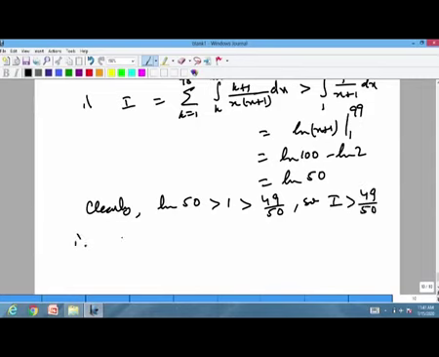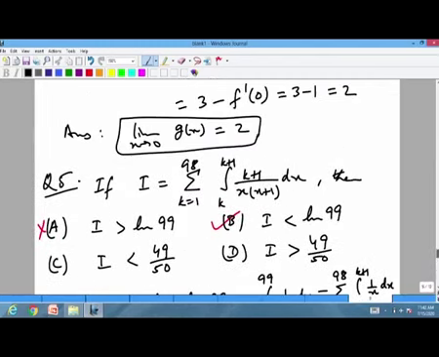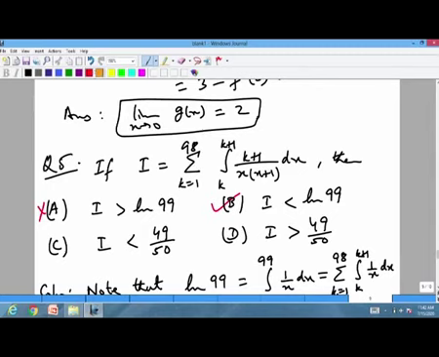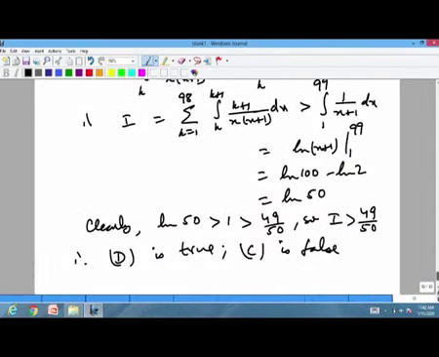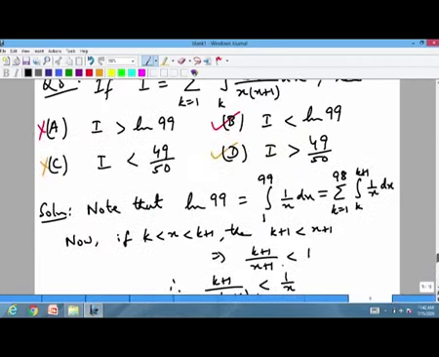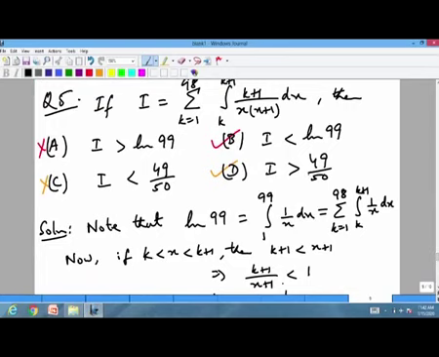So, therefore, D is correct and C is false. So, we get D is right and this C is wrong. So, in fact, if you see, we have proved that I is bigger than natural log of 50, which is much bigger than this number given 49 by 50.